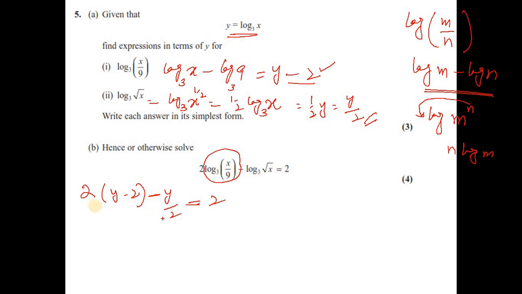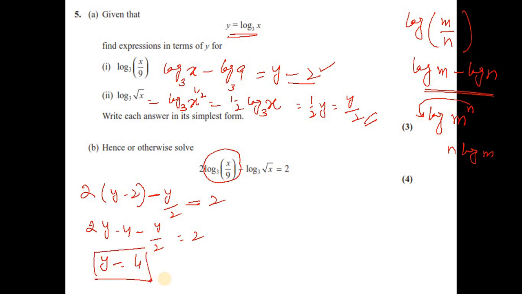And now you have a linear equation, and you can solve this for y. So 2y minus 4 minus y by 2 equal to 2, and then 2y minus y by 2. And you can solve this algebraic equation. You have 3y by 2 equal to 6, so 3y equals 12, and then y is equal to 4.